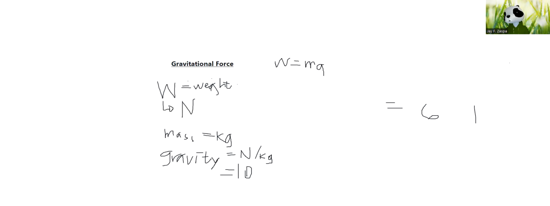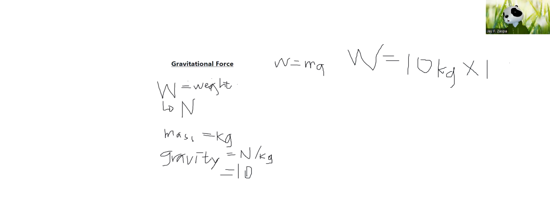Let's try to have another one. What if a certain box has a mass of 10 kilogram? We write the kilogram and multiply with another 10, which is the gravity. So 10 times 10, and don't forget the unit, because this is per.